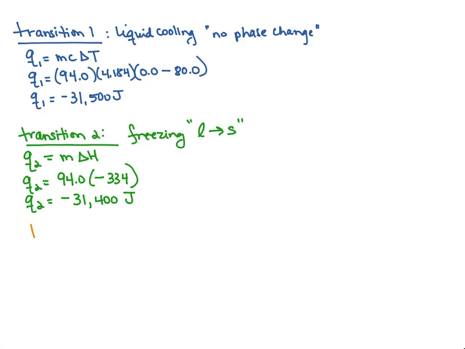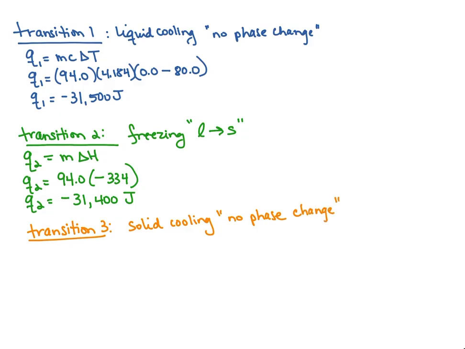We also have a third transition, and in this third transition, I just have solid cooling. So I really don't have a phase change. I'm just in the solid phase here.